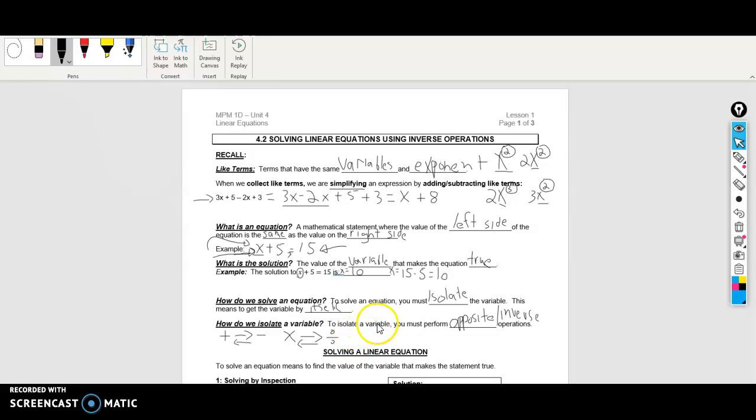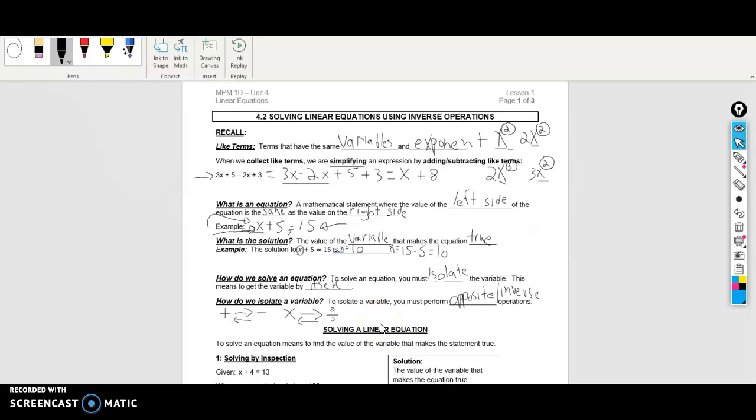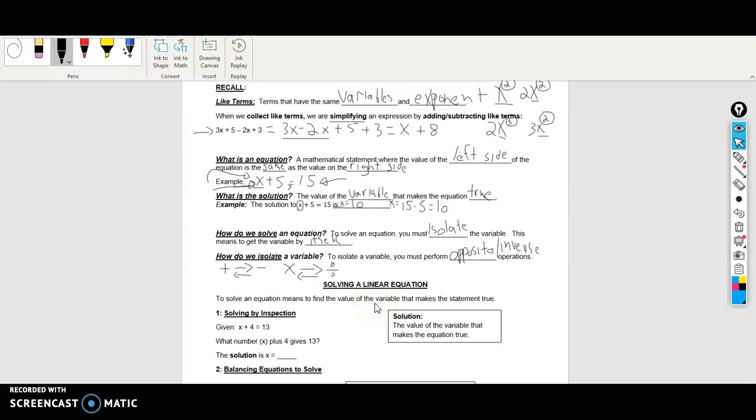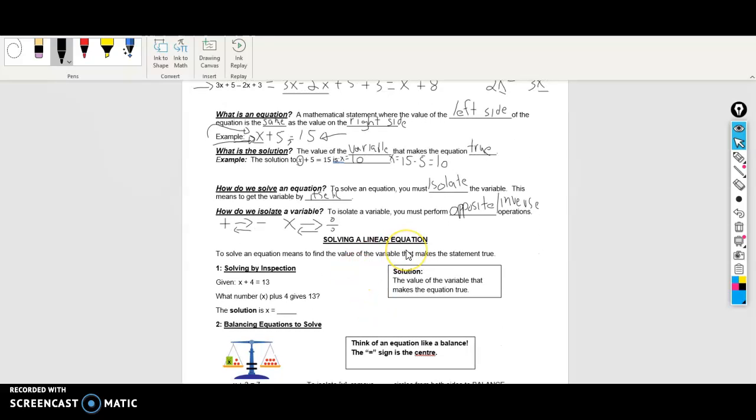So there's a few different ways that you can solve a linear equation. We're going to go through the different methods that you can use. And then afterwards, we'll do a few examples together to make sure you understand the concept. So the first way is solving by inspection. It's basically by intuition, by your knowledge of addition or subtraction or operations.